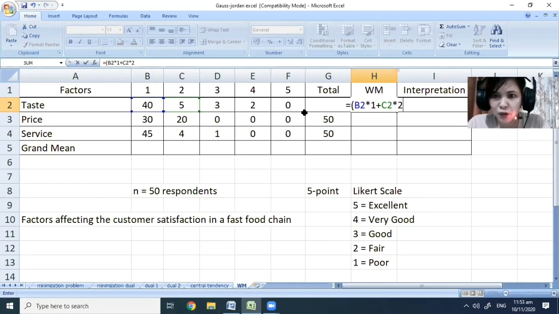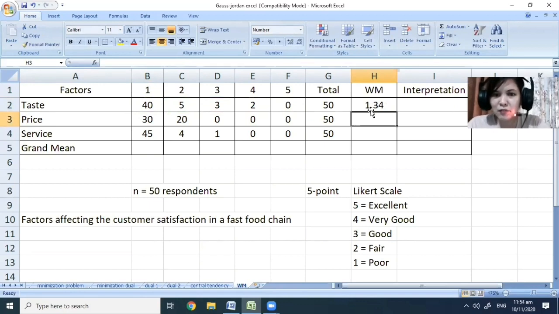All the scales are fixed constants, then plus D2 times 3, who answered 3, plus E2 cell times 4, then plus no one answered 5 for the taste. Click F2 cell times 5. Close parentheses, then divided by the total number of respondents, which is 50. Yan. So the weighted mean for the taste is 1.34. So, drag it downward.